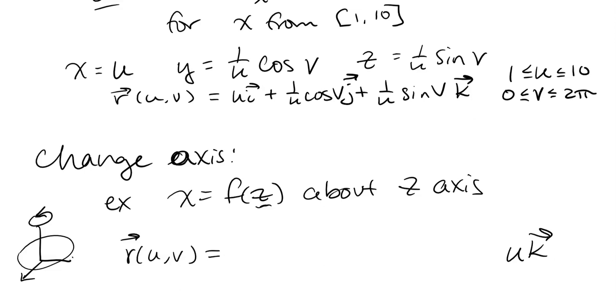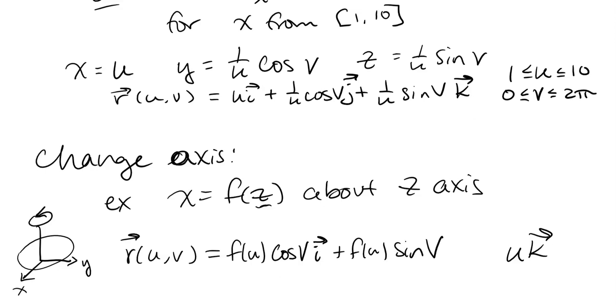So then they're going to be circles relative to x and y. So we could have f of u, say cosine v for x, which would be our i component, and then we could have f of u sine of v times our y component, which would be j, and then that would be plus the u of k.